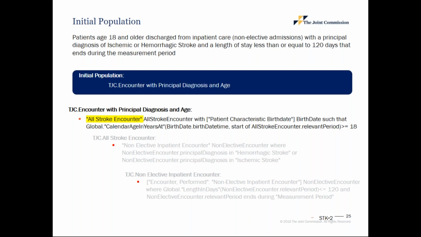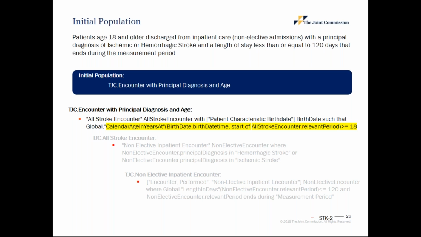Moving on to the encounter with principal diagnosis and age. Again, here we pull in the previous definition, the all-stroke encounter, to continue building that expression, and we add an age parameter using the patient's birth date. We use a function called calendar age in years at to calculate that patient's age at the time of the start of the encounter.